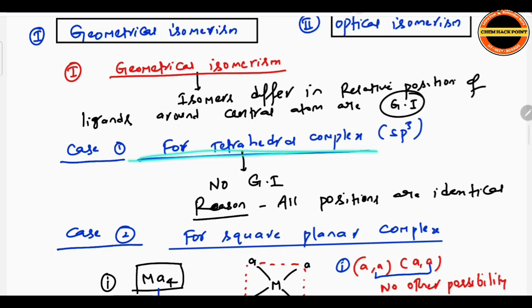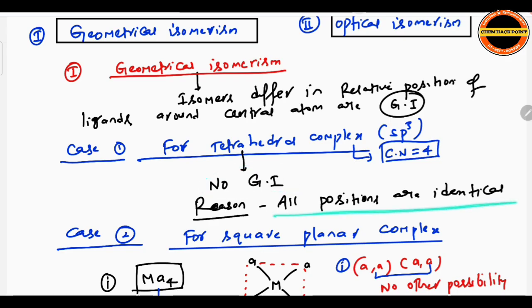For a tetrahedral complex, which is sp3, the coordination number is 4. So there is no GI for tetrahedral complexes. The reason is that all positions are identical in a tetrahedral complex. How does a tetrahedral look? For example, if I take a ligand here, all 4 positions are identical.